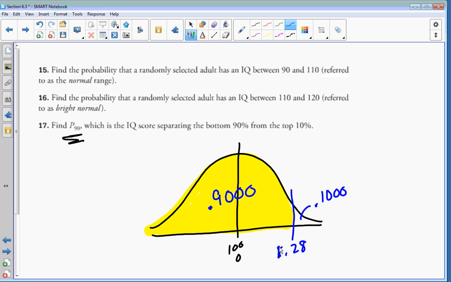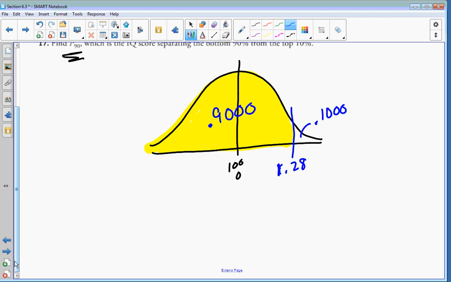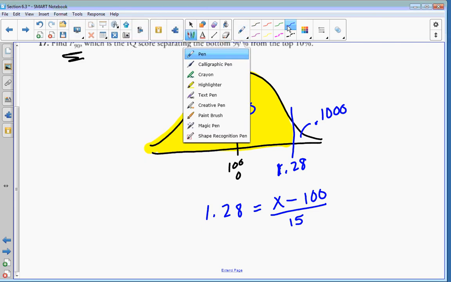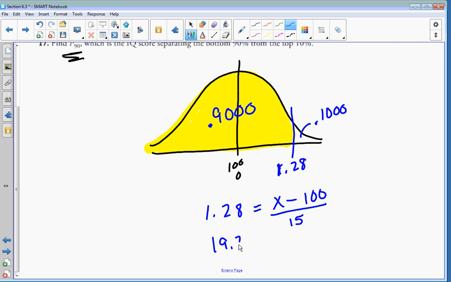Again, that's my z-score. Now I can translate that z-score. 1.28 is equal to x minus 100 over the standard deviation of 15. And of course, I can bring my calculator back here and say, hey, I want to take 1.28. I'm going to multiply that by 15 to clear the fractions, and I'll get 19.2 would be equal to x minus 100.